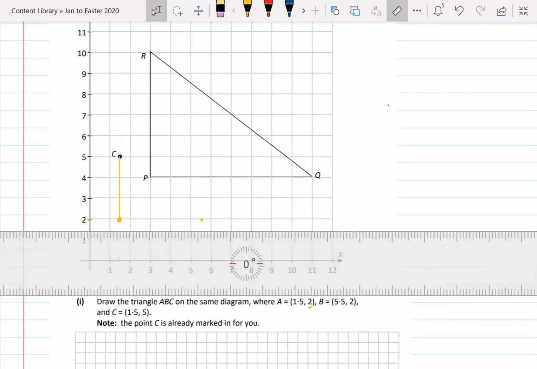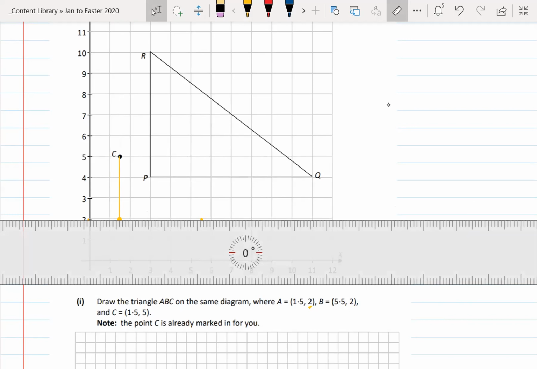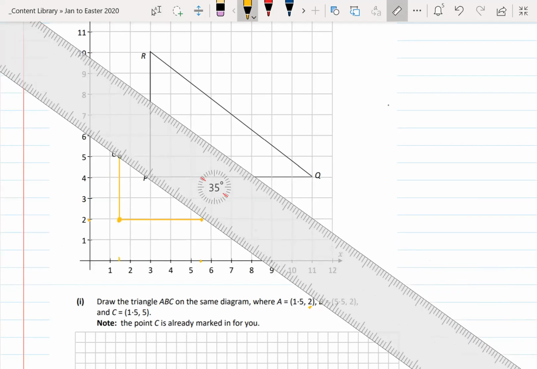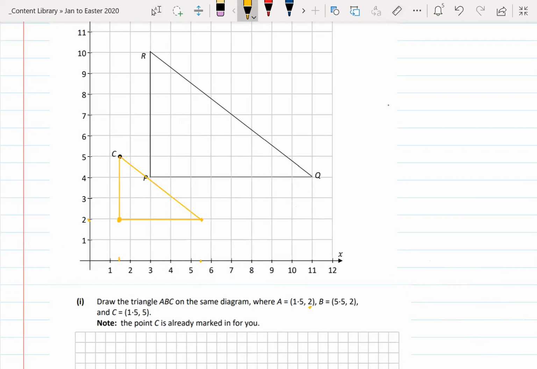And then join these two. Okay, now don't forget to label the points. C is already labeled. This is A, this is B. Okay.